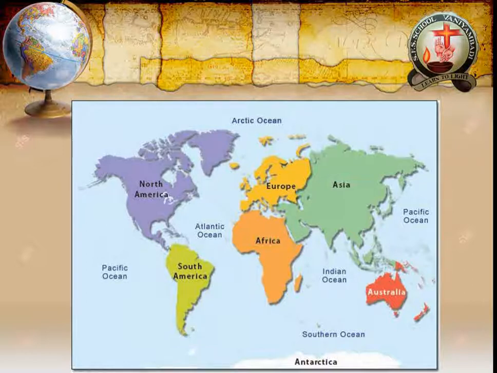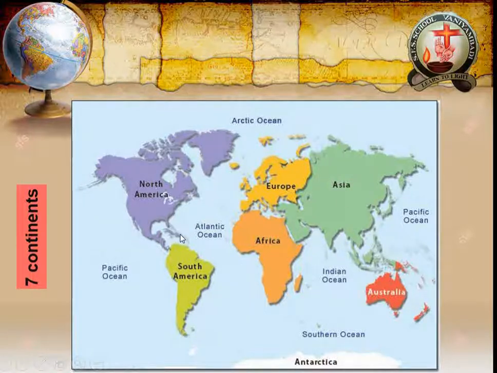Now you can see here, there are currently 7 continents on our planet Earth. What are all the continents? North America, South America, Europe, Africa, Asia, Australia, and finally Antarctica. There are 7 continents.